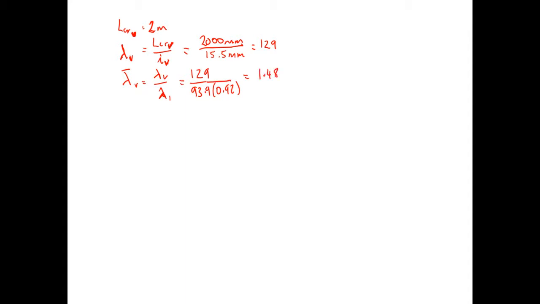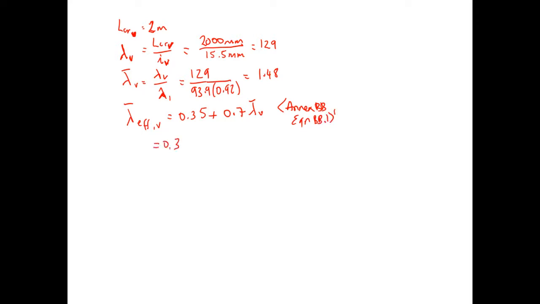And then again, we go to Annex BB, and to get the effective value, to take into account those moments at the end of it, 0.35 plus 0.7 times the non-dimensional slenderness value. That's Annex BB, equation BB.1.